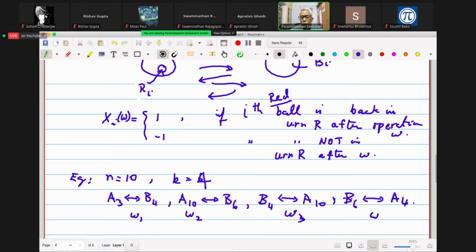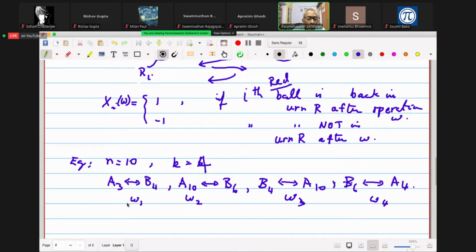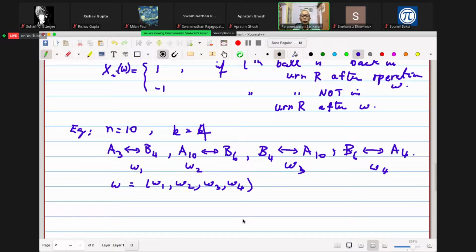So this is omega 4, and omega is just a 4 tuple. Omega is always a k tuple: omega 1, omega 2, omega 3, omega 4. It keeps track of which balls went which way and their labels. That's it.